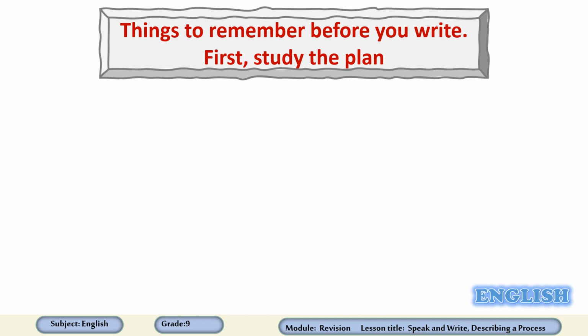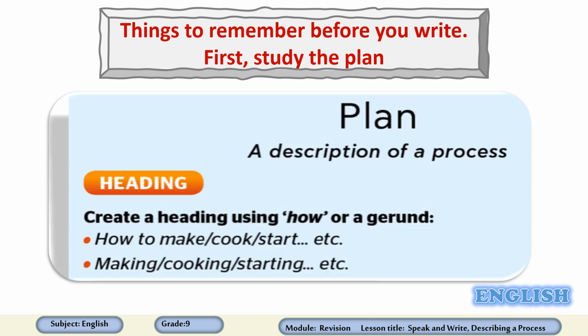Things to remember before you write. First, study the plan. Plan, a description of a process. The first thing to do is to create a heading. You have two ways to create a heading.